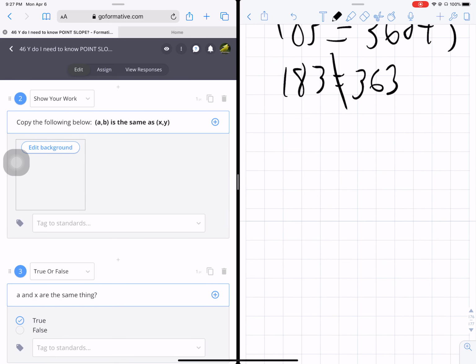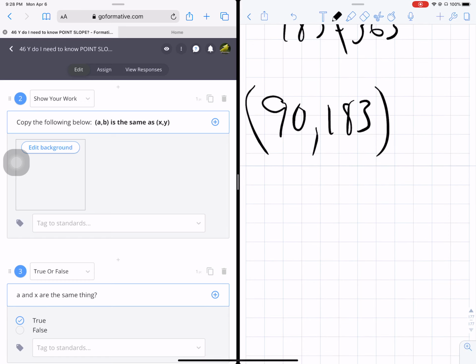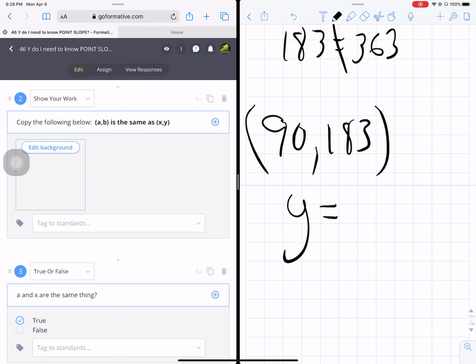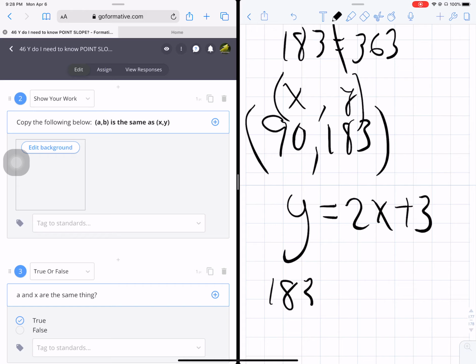All right, now let's try the magic number here. 90, comma 183. All right. So in order to do that, again, one more time, it's y equals 2x plus 3. And you have to know which one's x and which one's y. Okay. And plug them in. So we have 183 on the end.